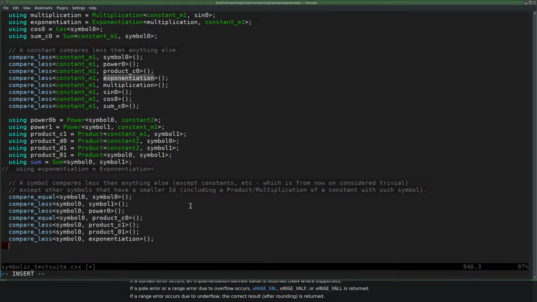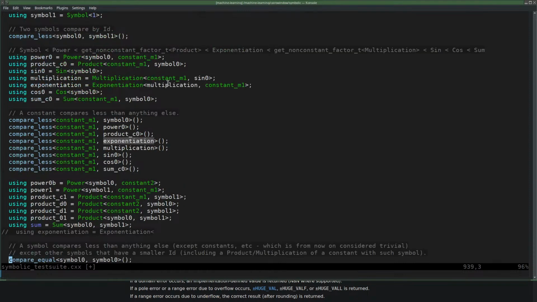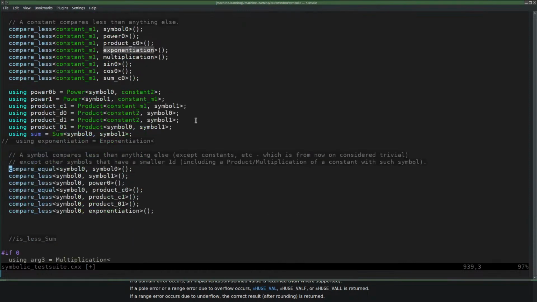The power here is defined as symbol 0. Okay. And then again 3 for the multiplication. So I want multiplication C1. That would be less.